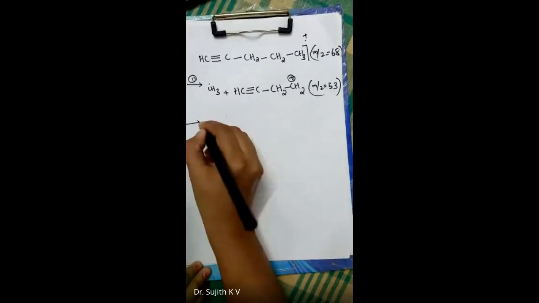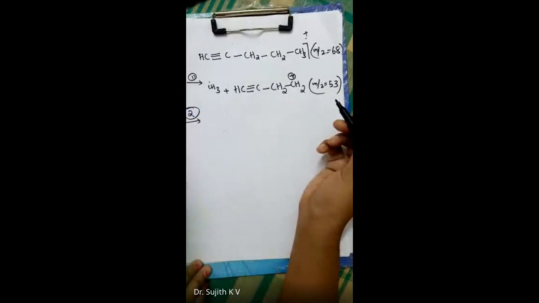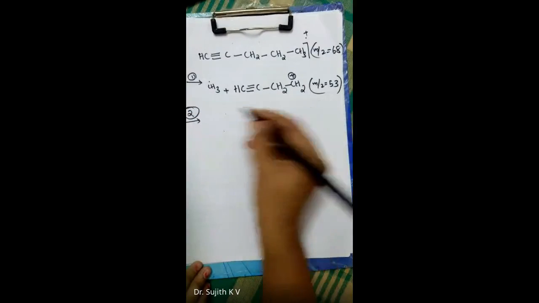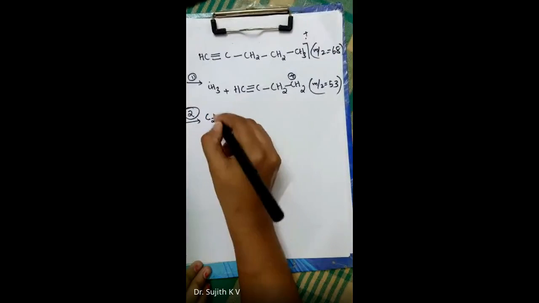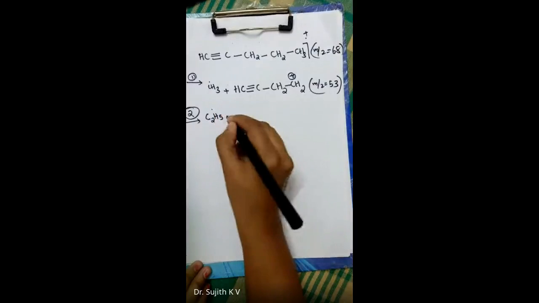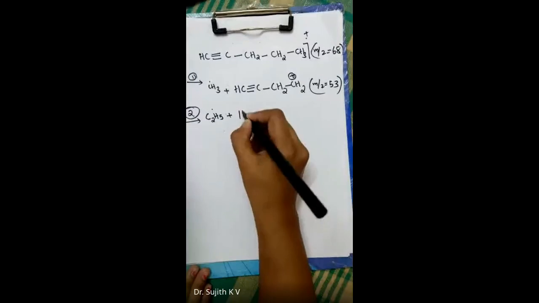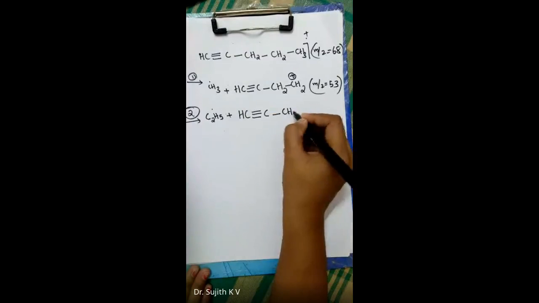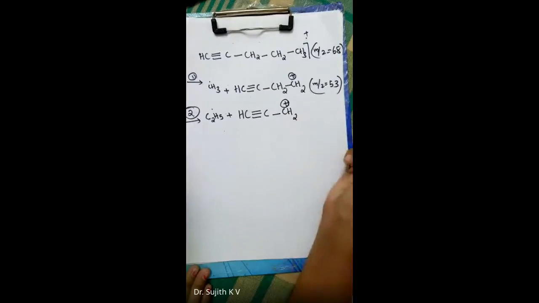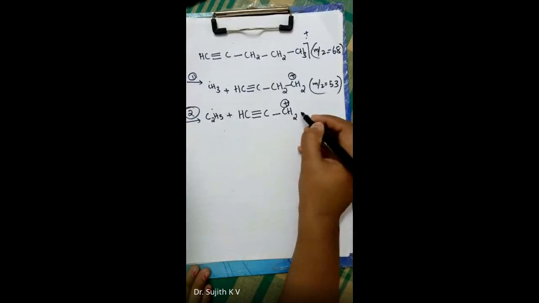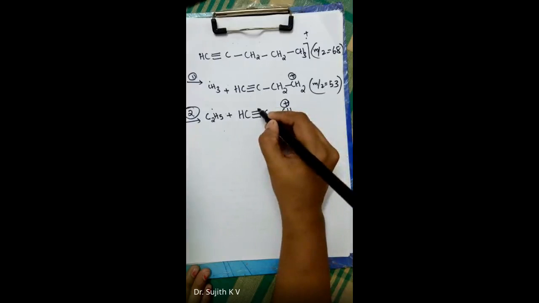In the second mode of fragmentation, an ethyl radical is eliminated. C2H5 dot is eliminated, and the resultant one will be CH triple bond C, CH2 plus. This is what is referred to as the propargyl cation, which is resonance stabilized. I'll show you the resonance stabilization.